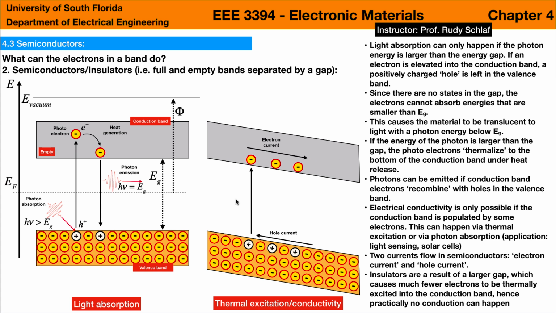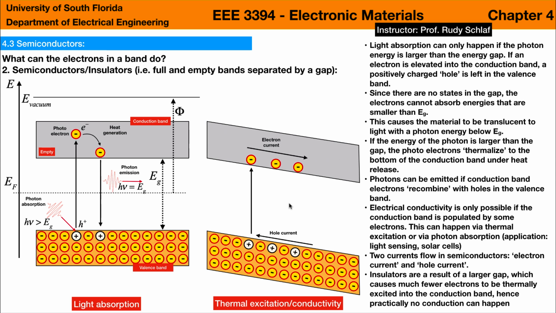So one can generally say that a semiconductor with a smaller band gap will be more conductive at a given temperature than a semiconductor with a larger band gap. And the insulators are just by extension semiconductors with really large band gaps, so that the thermal excitation is just very, very little. And so we have only very few electrons in the conduction band in an insulator, and that means that essentially no current can be conducted.